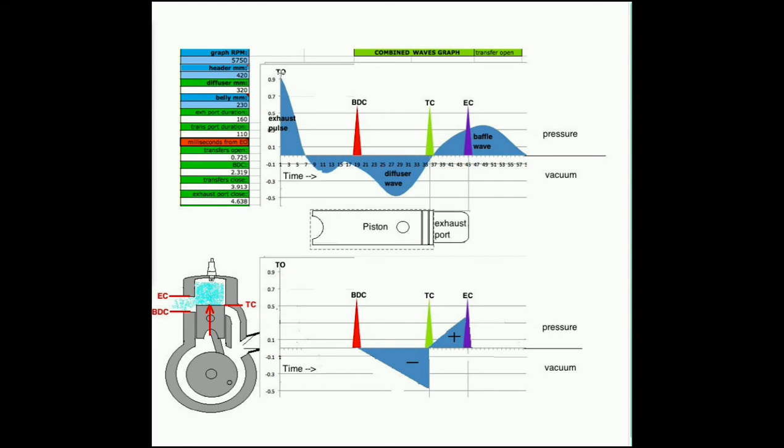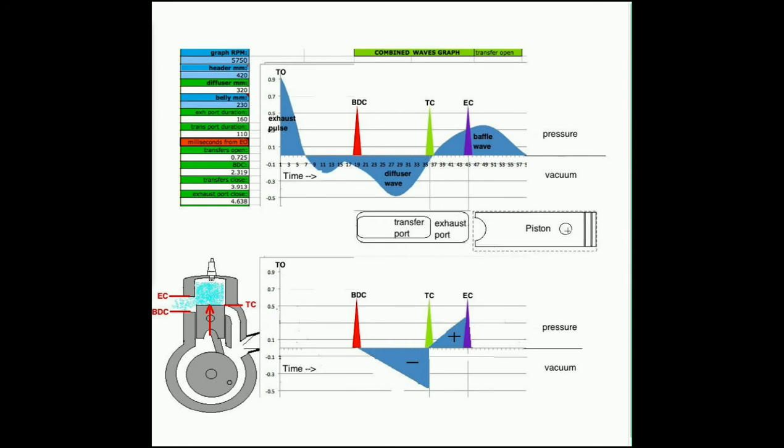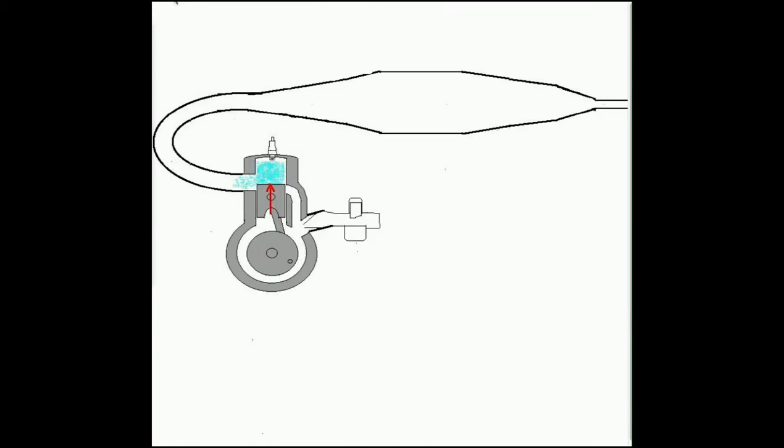But the graph starts at transfer opening, which would be right there. Okay, transfer opening, down to BDC, and then it comes back up. So that's that. Now, let me show you.